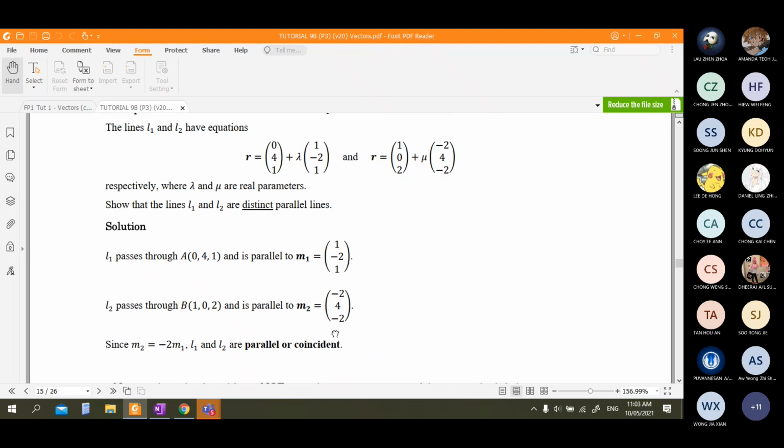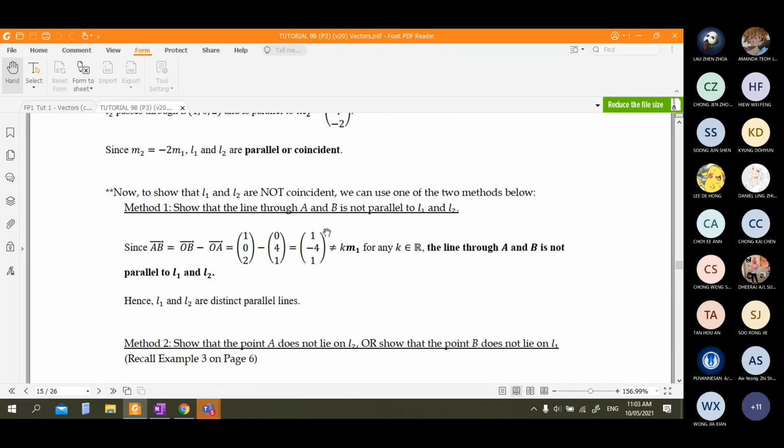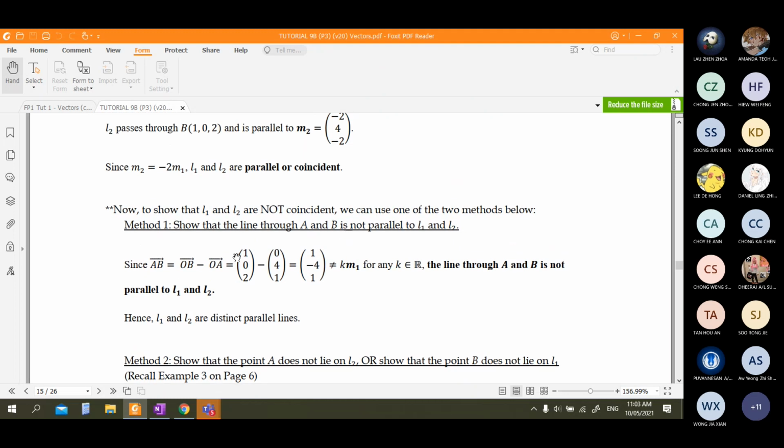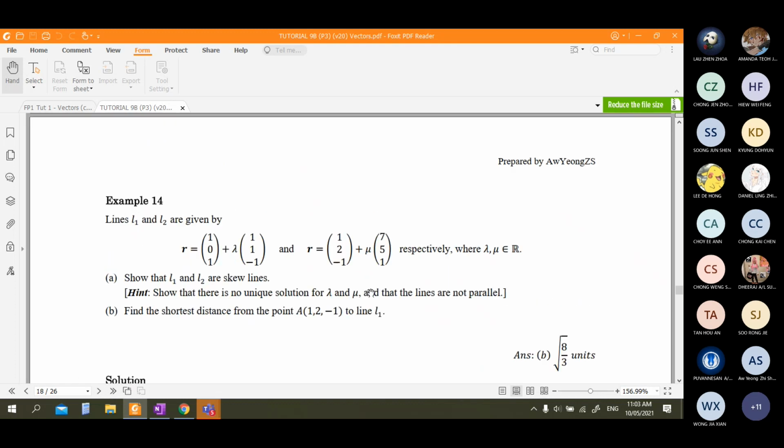In example 11, under method 1, we have tried to show that the vector connecting A to B is not parallel to lines L1 and L2. So coming back to here, to show that two lines are skew, the first thing to establish is that the lines are not parallel, and we are going to do something similar.